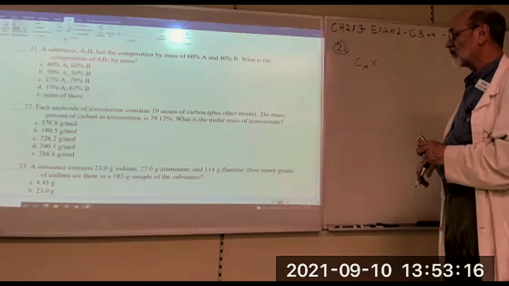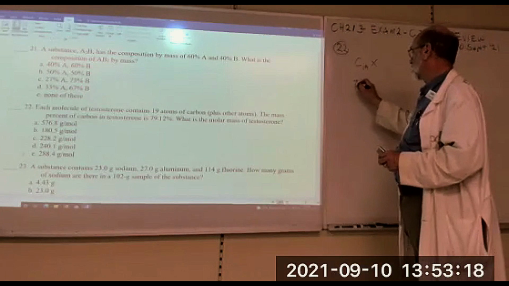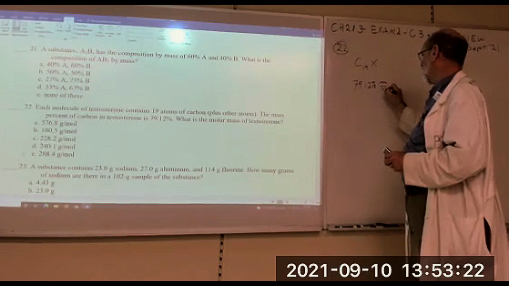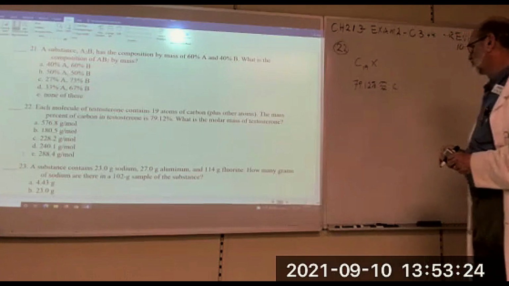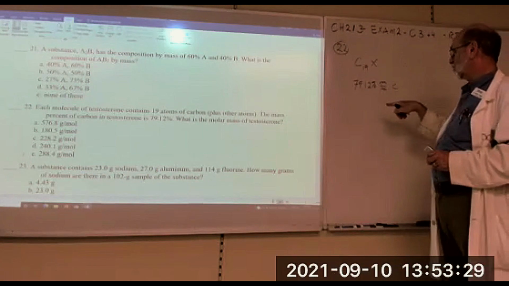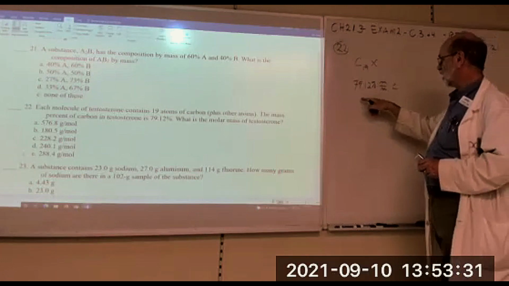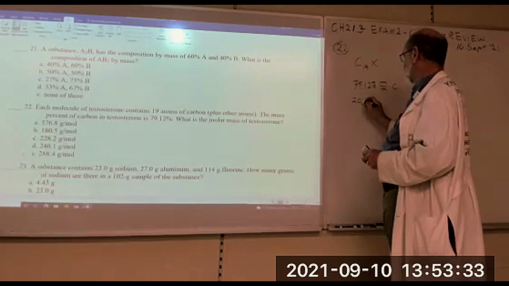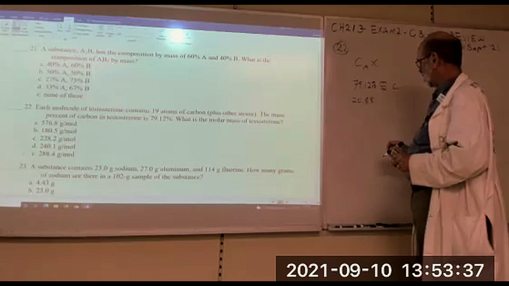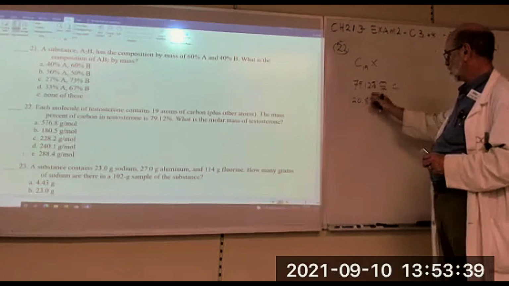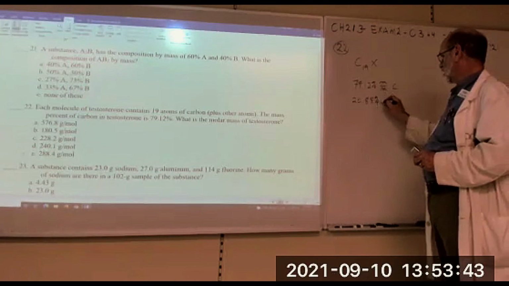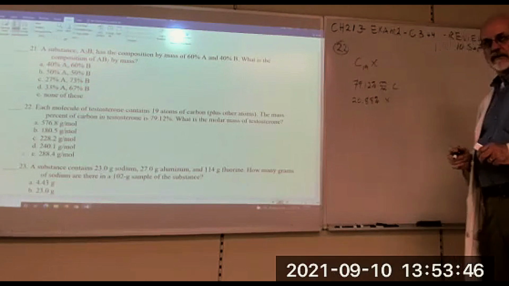The mass percent of carbon is 79.12%. That means this part of it is 20.88% of something else left over.